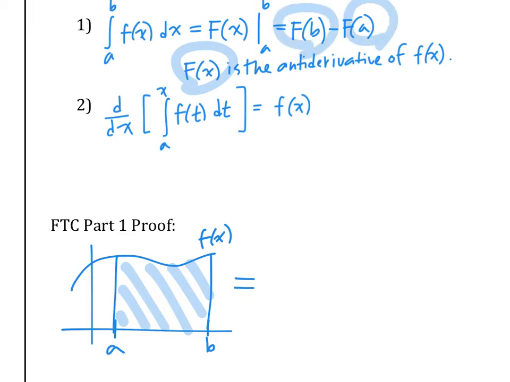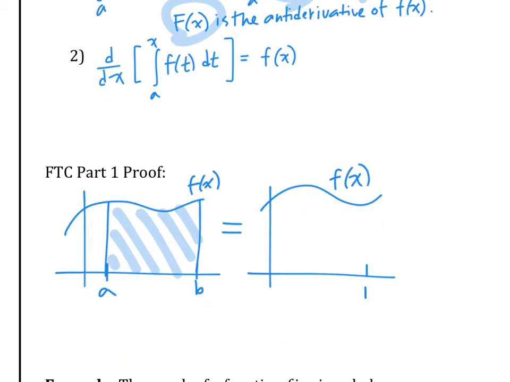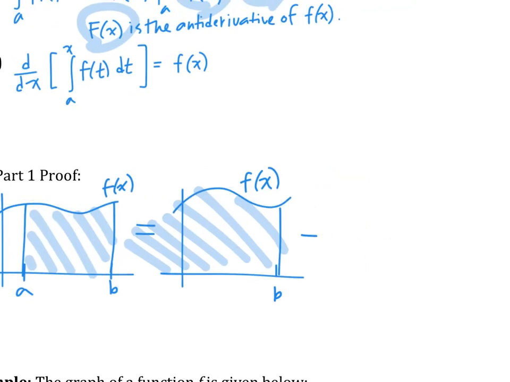So what this means is we have this function again, f of x. Big F of b means the area all the way up to b, from all the way to the left. Everything from b all the way to the left. Okay? Minus the area.